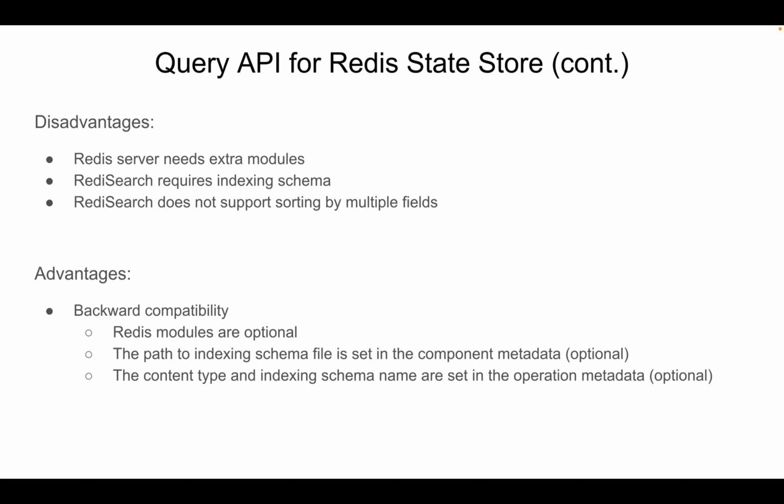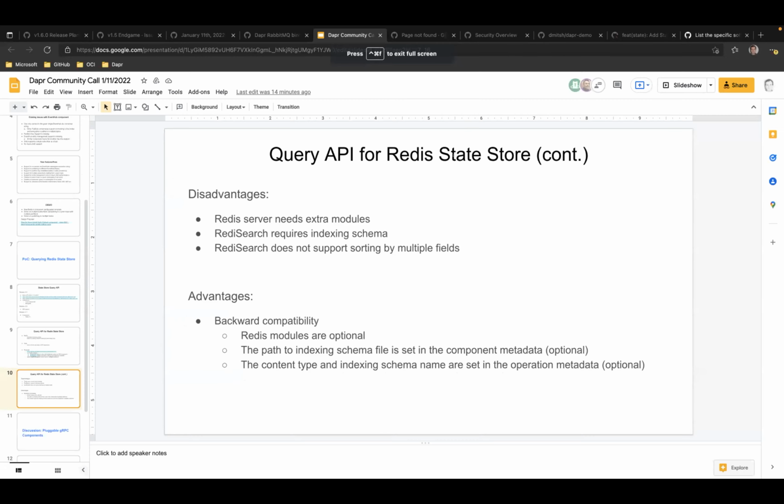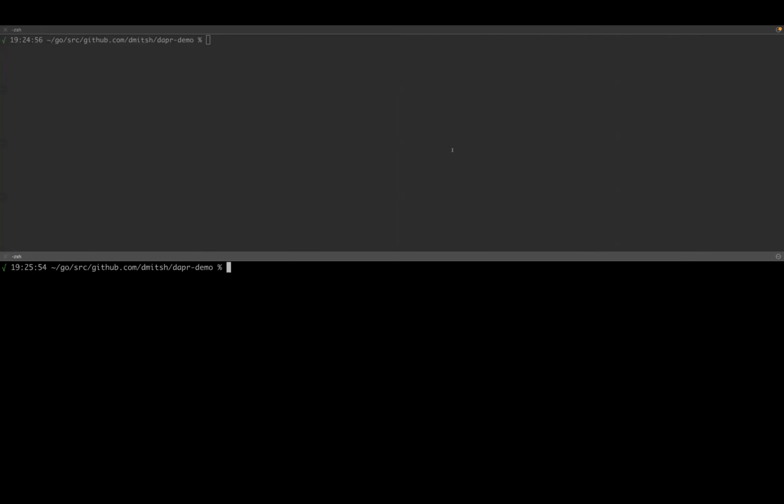So if we don't have it, then nothing happens. And also, when we store, retrieve, or query, we would need to pass the content type as metadata, which is also optional. So that's in a nutshell this proposal. And now I can start with the demo.